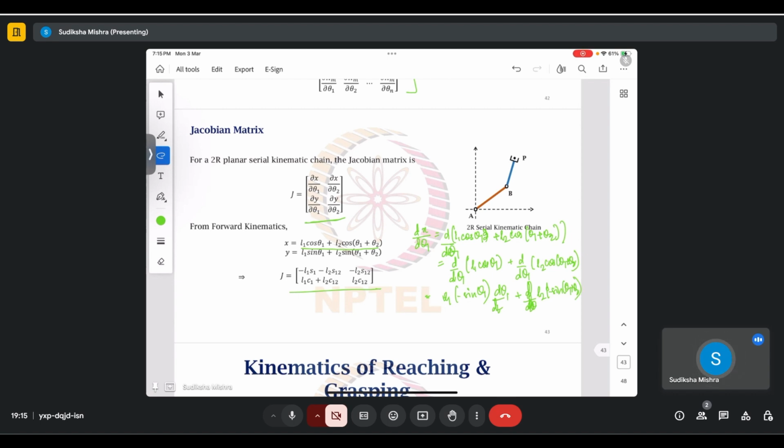Since there is no theta 2 component in the derivative, d by dt of a constant becomes 0. So here just d theta 1 by dt remains, and this is essentially what you get here. Similarly, when you are drawing a derivative against theta 2, this particular term becomes 0.